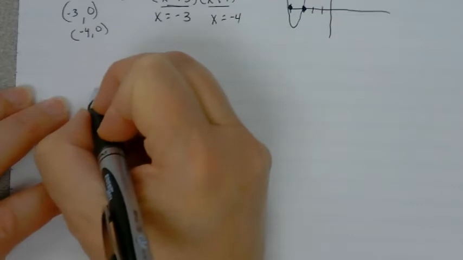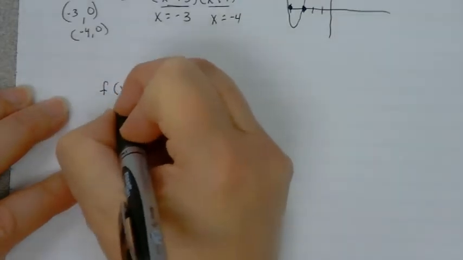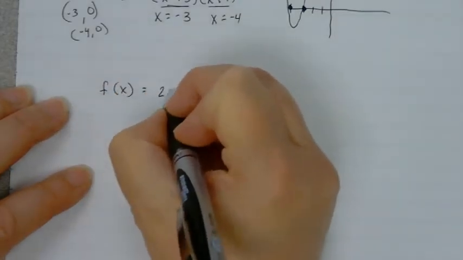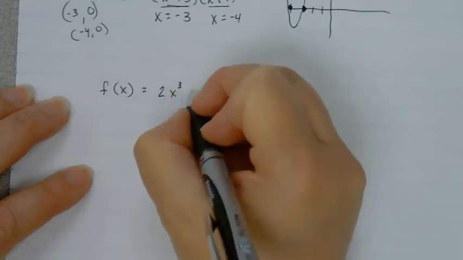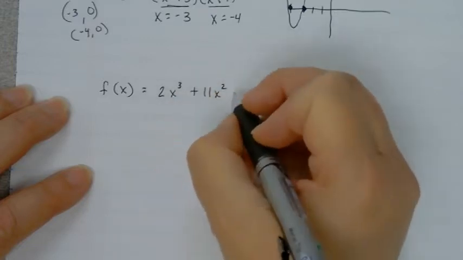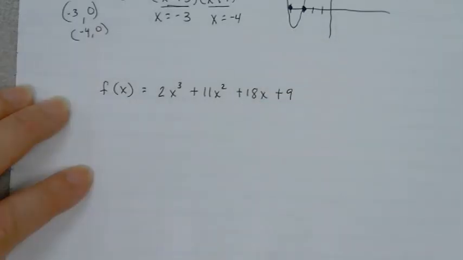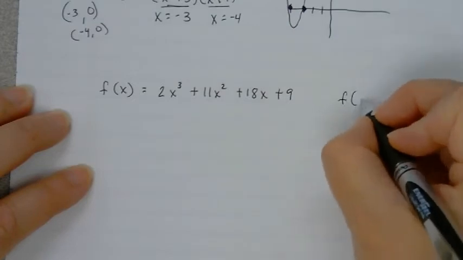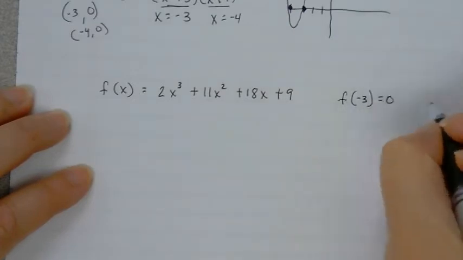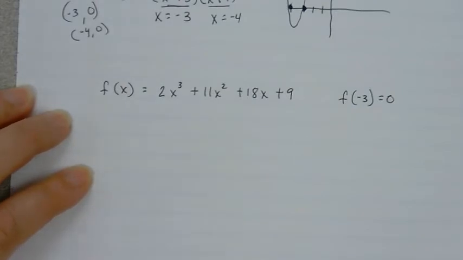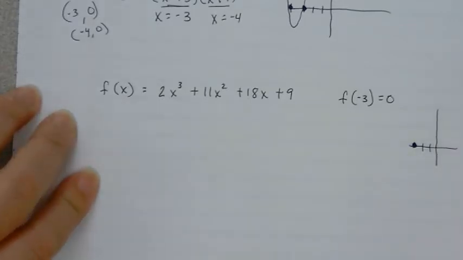So let's start with this first example here. F of x equals 2x cubed plus 11x squared plus 18x plus 9. So if I'm told that I have one 0 at -3, I know it crosses the x-axis at -3.